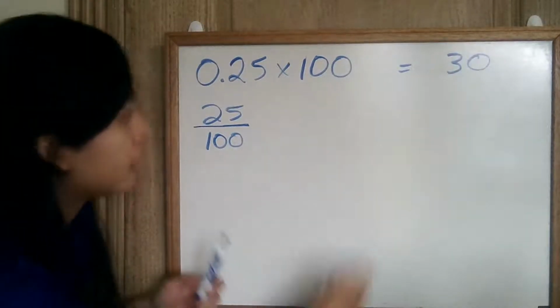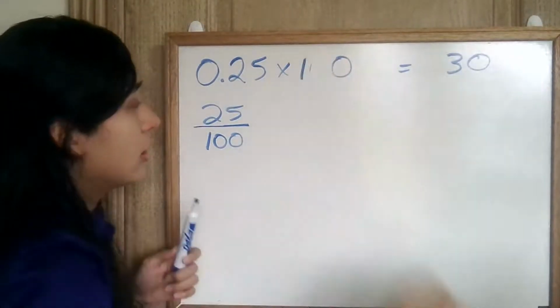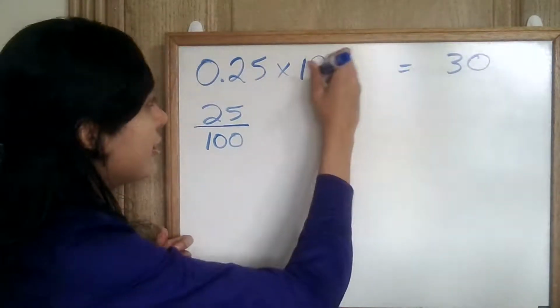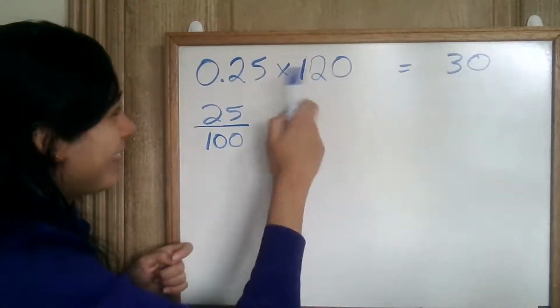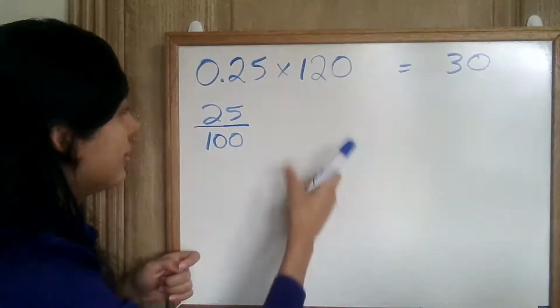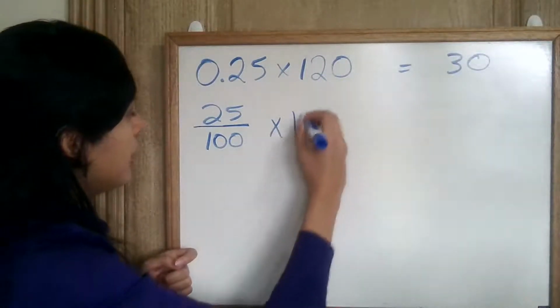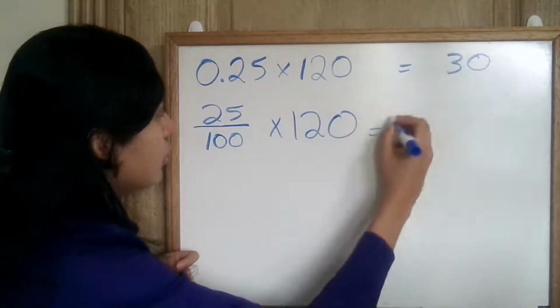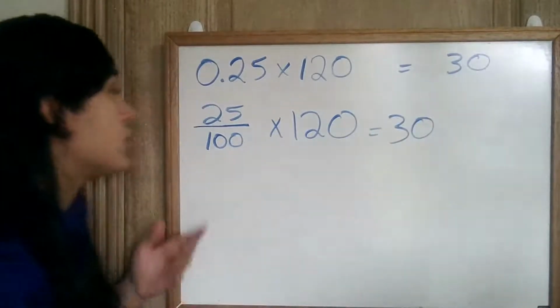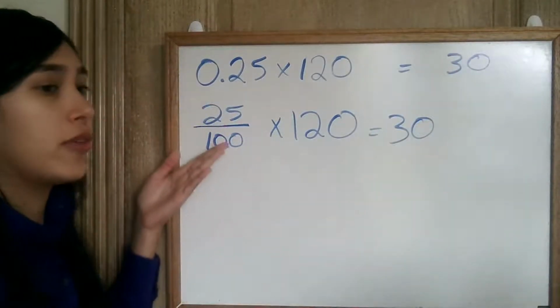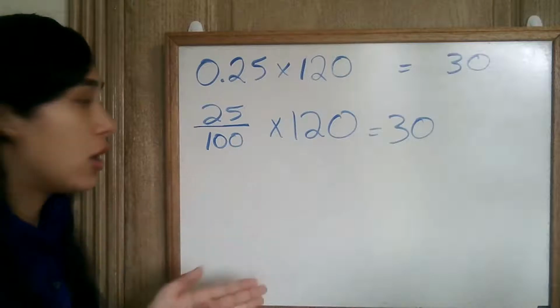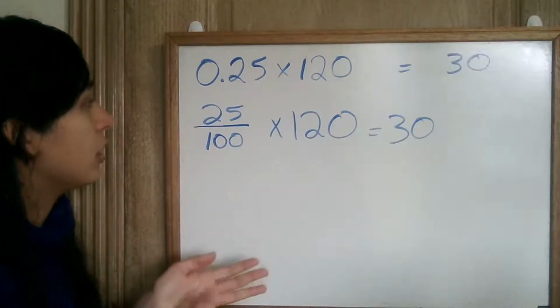I meant to write 120. For those of you checking my math, yeah, this is the correct answer. Times 120 is equal to 30. And we know this to be true because we know that 0.25 and 25 over 100 are the same value.